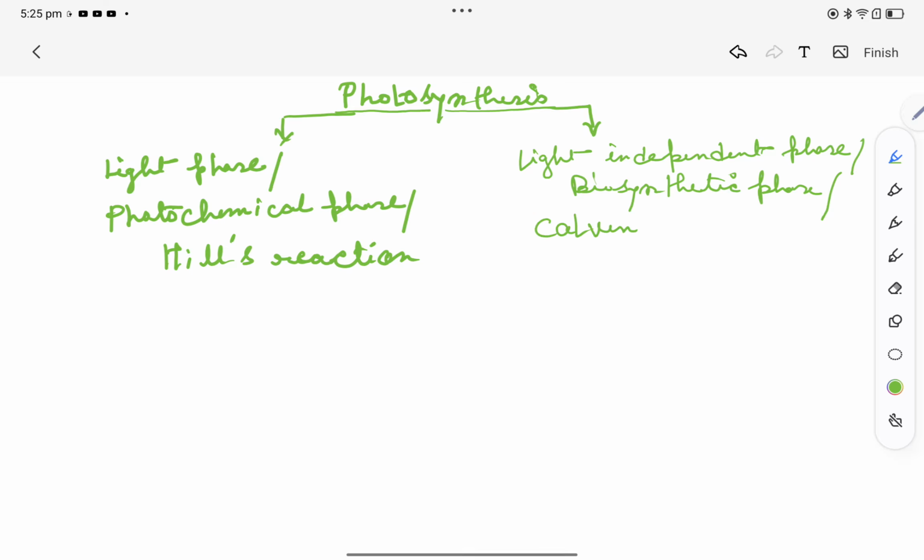This is a very well-known term in the world of biology. So first we are going to talk about the light phase.